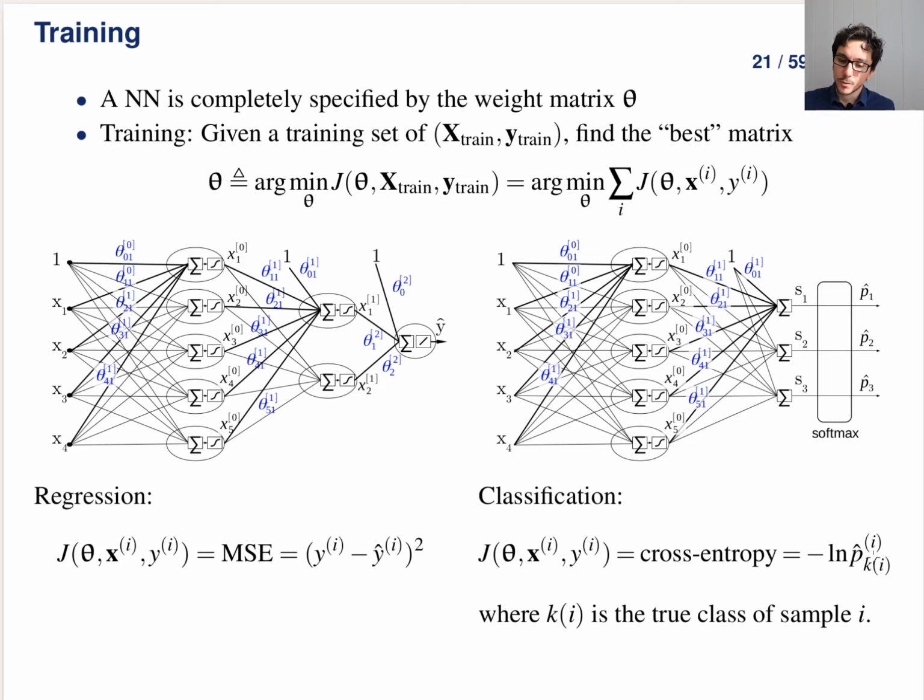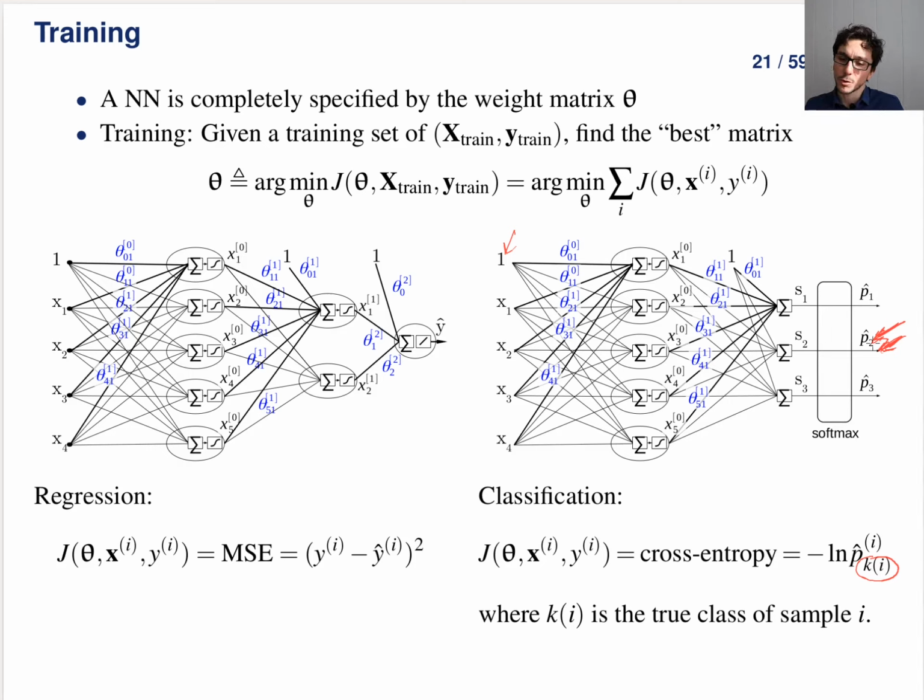Suppose k_i is the true class of sample i. Suppose, for example, that for a certain sample x, the true class is class number 2. When we compute the loss of the prediction on that sample, we ignore all the other predicted probabilities.